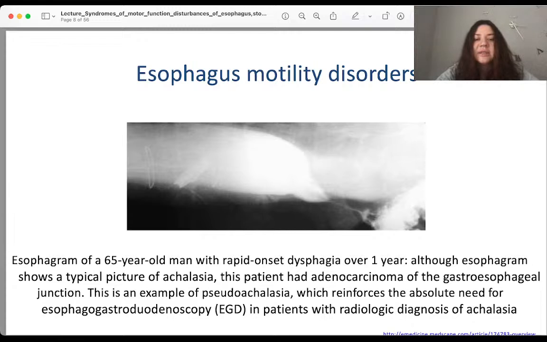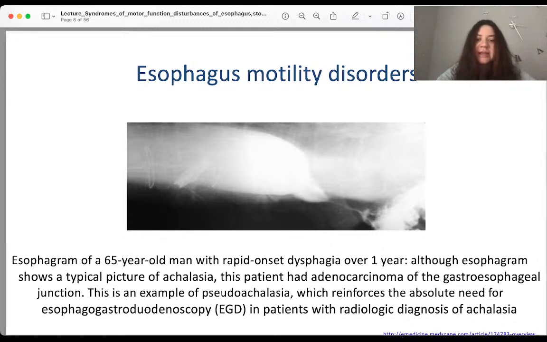And here you see an X-ray picture. It is an esophagram of a 65-year-old man with rapid onset dysphagia over the year. Although the esophagram shows a typical picture of achalasia, you see the segment of the esophagus is like a line, the place of achalasia.